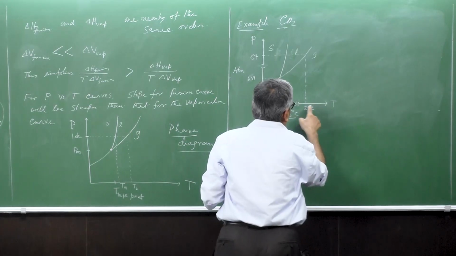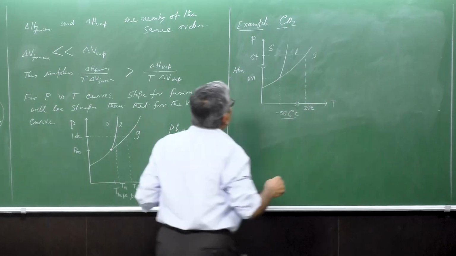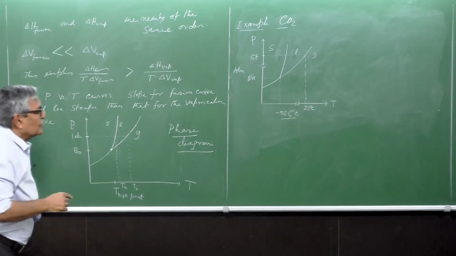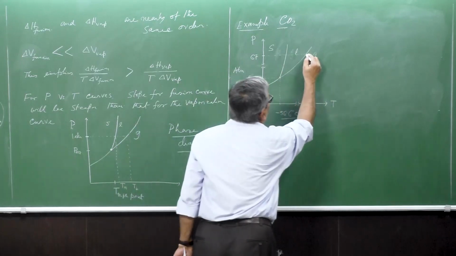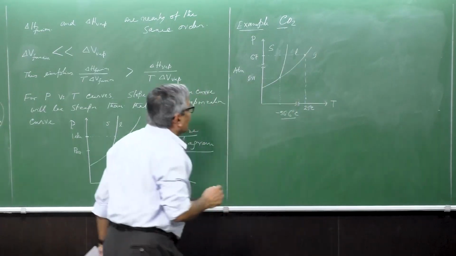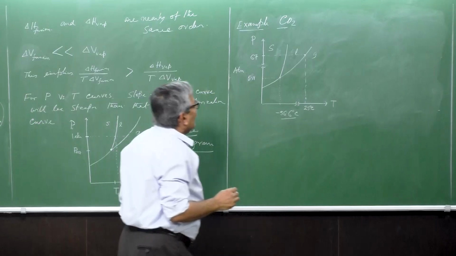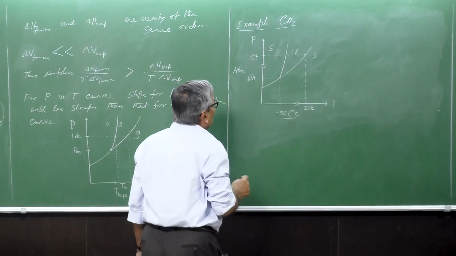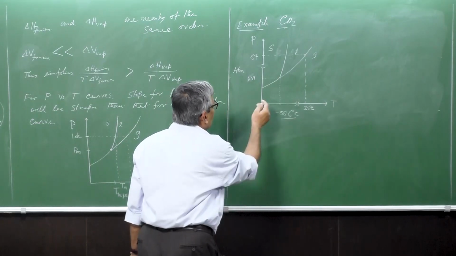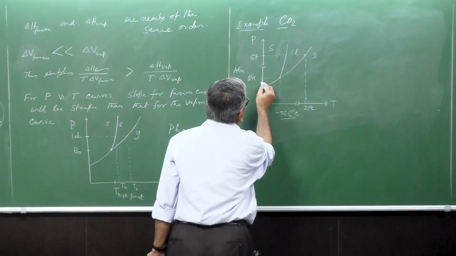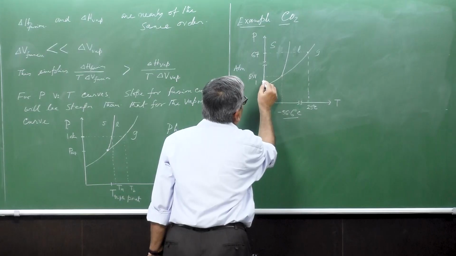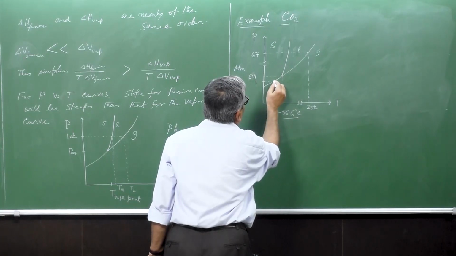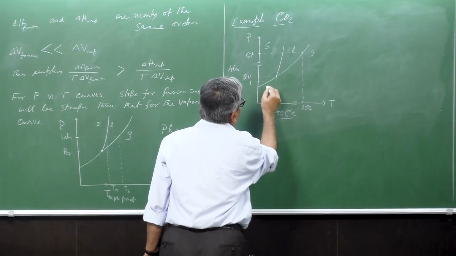That means I can store the carbon dioxide at 25 degrees, that is the normal temperature, at a very high pressure corresponding to this particular point. And below 1 atmosphere, around this point, it goes straight to the gaseous phase.